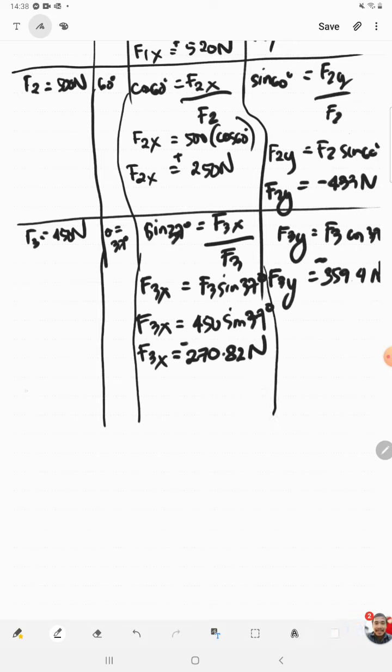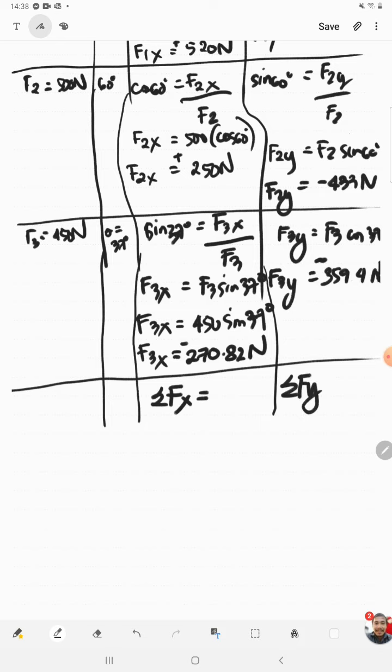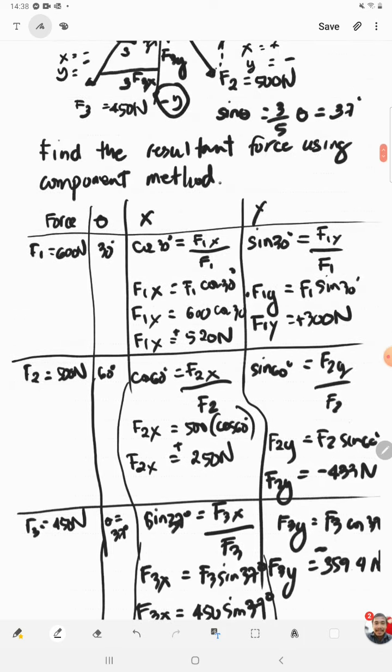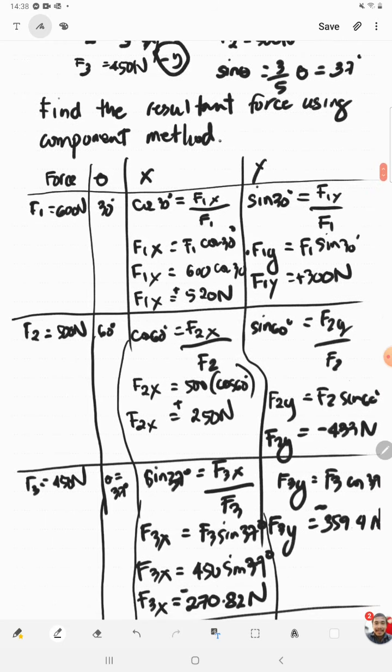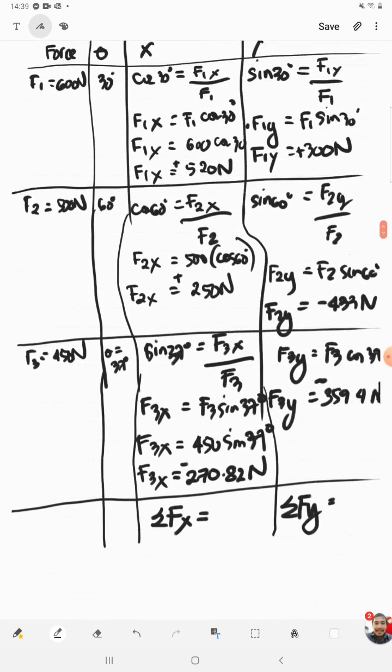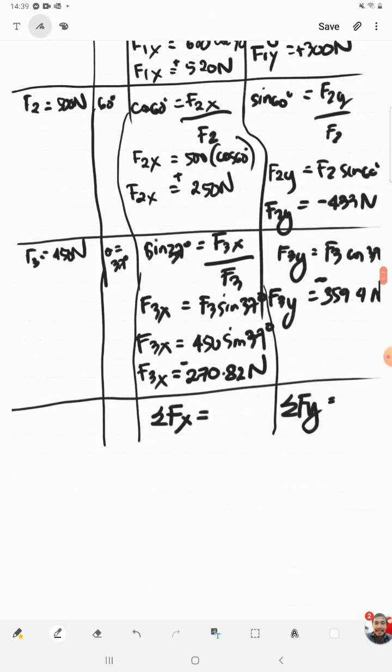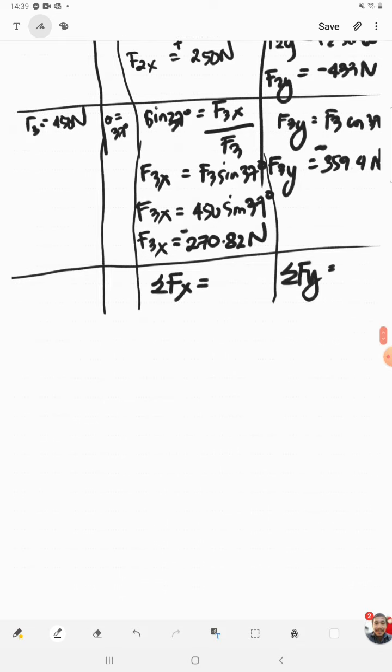Now we will get the summation of forces. We need to find the summation of forces along x and the summation of forces along y. F1x is positive, so 520 plus 250 minus 270.82. You will see that our summation of forces along x is 499.18 newtons, and this is positive.